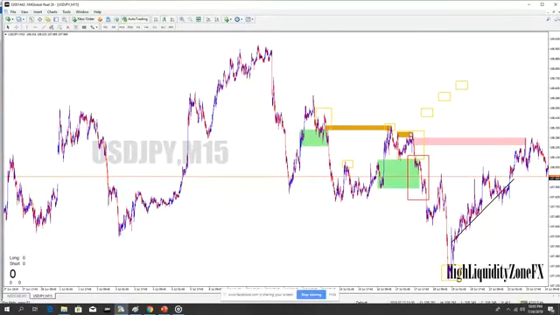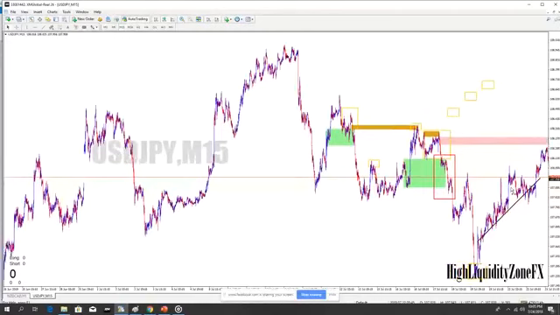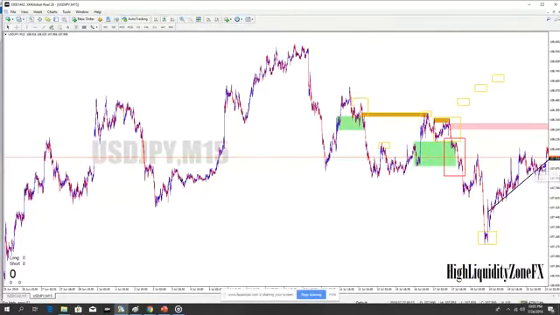Okay, remember the basics. Rally base drop, or rally base drop. That's it. Okay, so let's say you're going to take a price. The price is coming maybe somewhere here, and then you're going to look for sell. You do your analysis. This is the SDE, and this is the SGB.